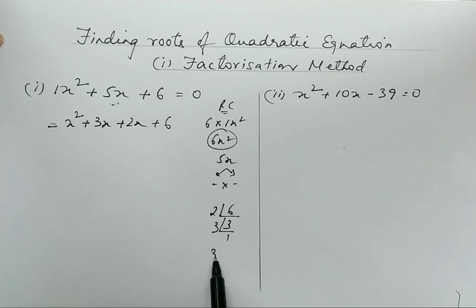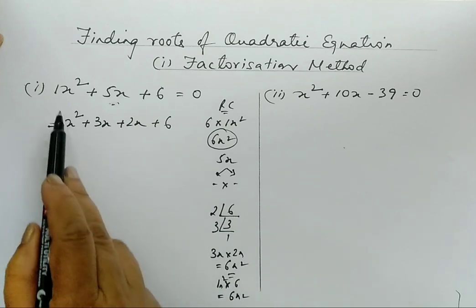Isn't it? 3x multiplied by 2x will give me 6x square. And 6x square we had also got from 1x square multiplied by 6, which was equal to 6x square, 1x square here.